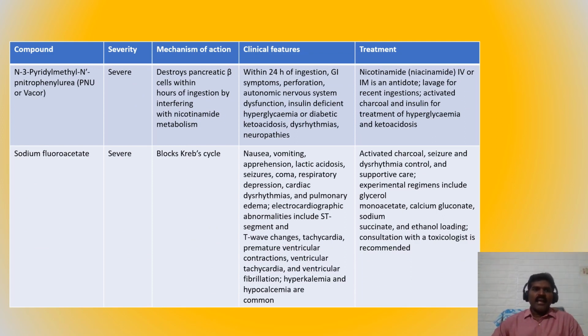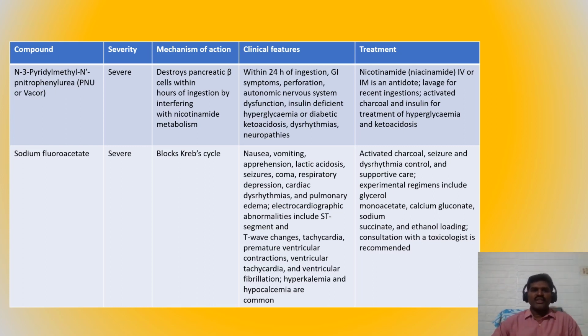N-3-pyridylmethyl-N'-p-nitrophenyl urea, PNU or Vacor. Severity is severe. Mechanism of action includes destruction of the pancreatic beta cells within hours of ingestion by interfering with nicotinamide metabolism. Within 24 hours of ingestion, there will be GI symptoms.